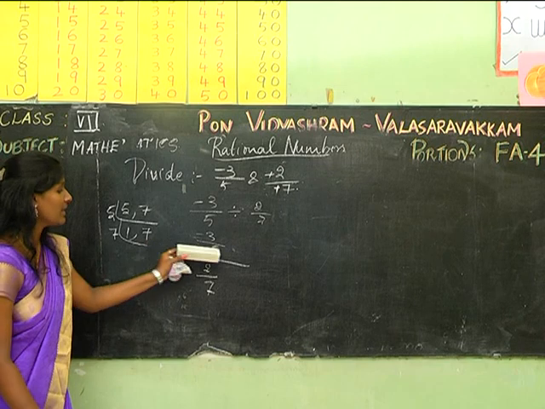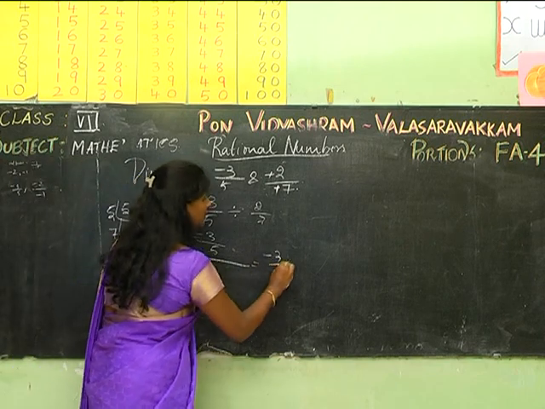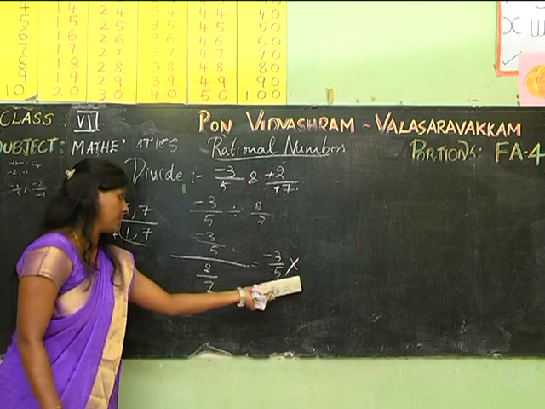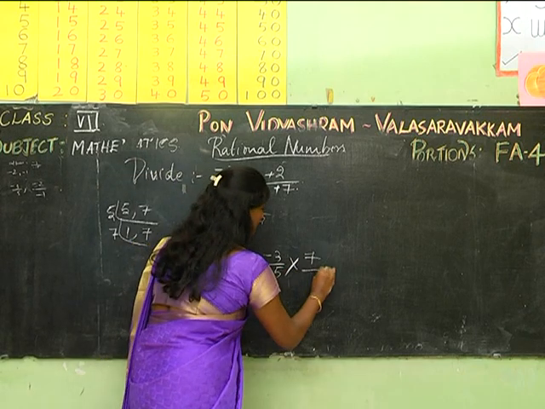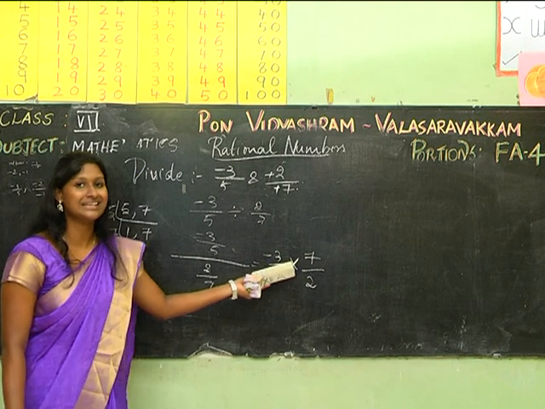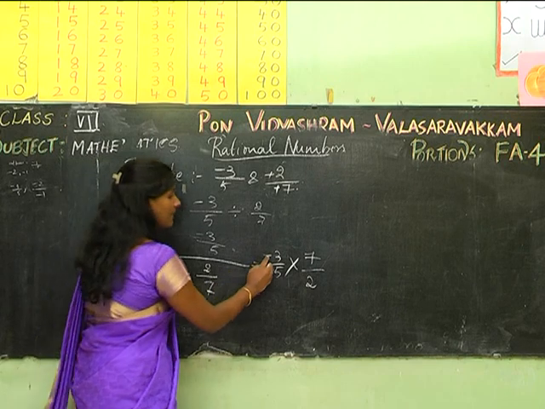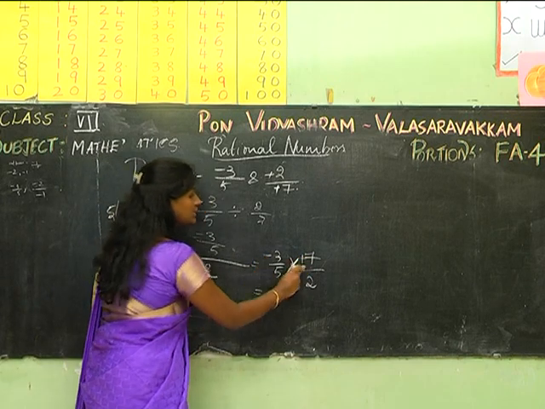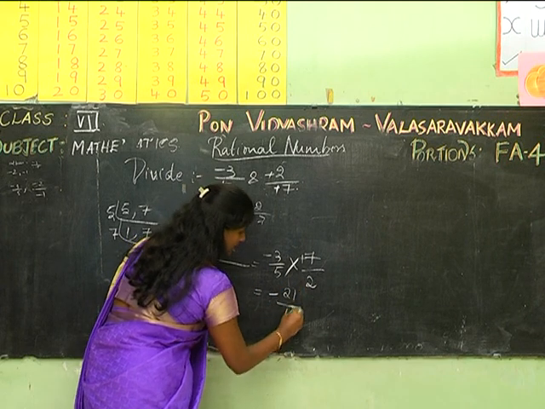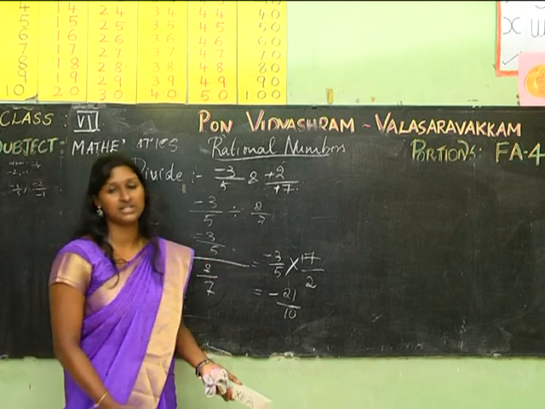So, this 2 by 7 is in the whole denominator, so I can reciprocate it as minus 3 by 5 into, if you reciprocate this, I will get a multiplication symbol, so into 7 by 2. Therefore, this is nothing but a normal multiplication, where the numerators get multiplied with the numerator and the denominator with the denominator. Minus, we have a hidden plus here. Minus into plus, minus 7 3s are 21 divided by 5 2s are 10, which is nothing but the result of the division of these two rational numbers.